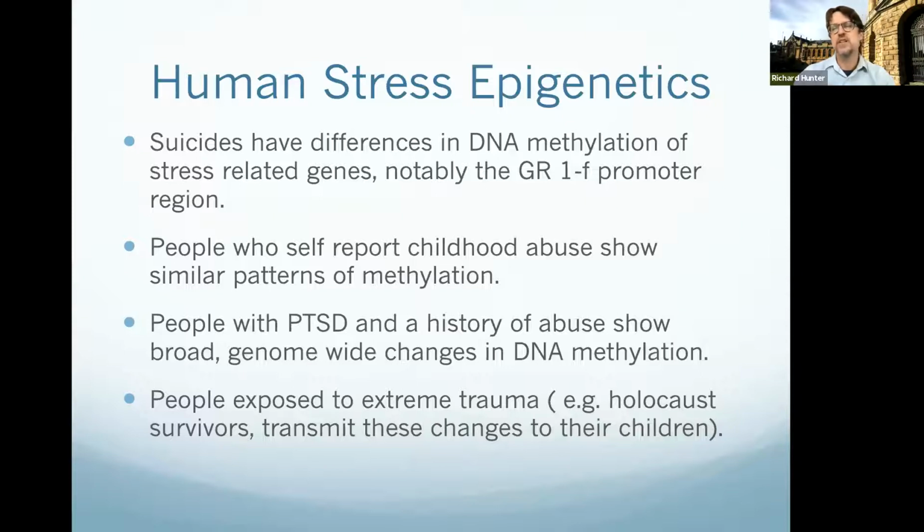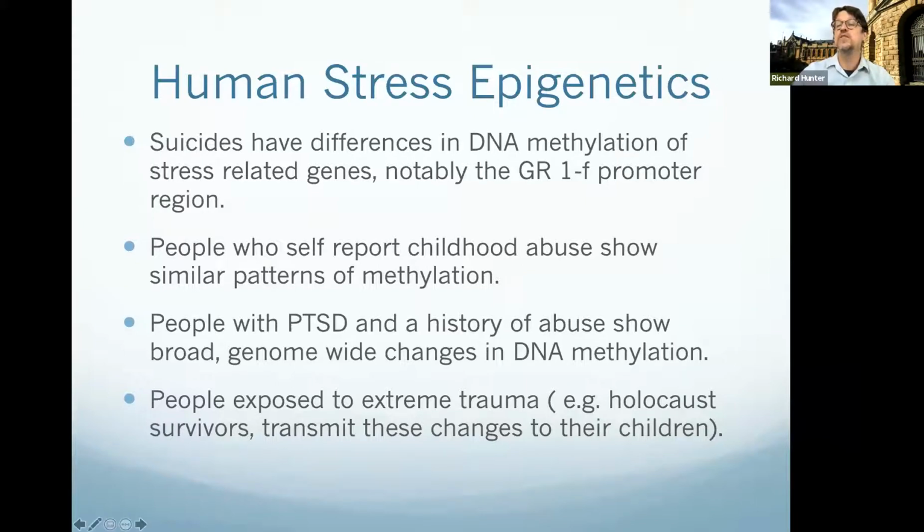There's somewhat controversial literature on people who self-report childhood abuse showing similar patterns of methylation. There were some studies that have validated that finding, some studies have not. Whether that's an effect of self-report studies or not is hard to say. As I'll show you in a second, people with PTSD and a history of abuse show broad genome-wide changes in DNA methylation. And then people exposed to extreme trauma often transmit.